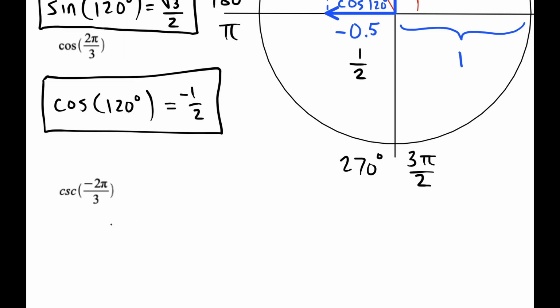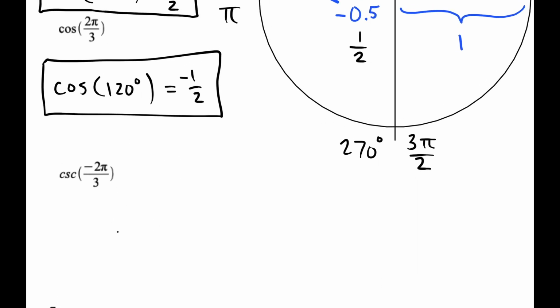This one asks us for the cosecant of negative 2 pi over 3. So when it comes to cofunctions, there's three important ones. There is the secant, which is defined as 1 over the cosine of the angle.